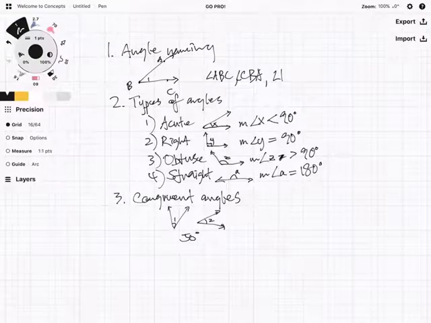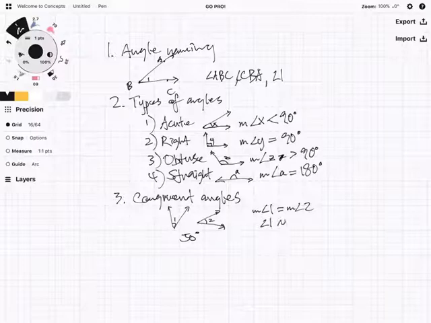If the degree measure of 2 angles is the same, that just means they're congruent. So if the measure of angle 1 equals the measure of angle 2, it can be concluded that angle 1 is congruent to angle 2.